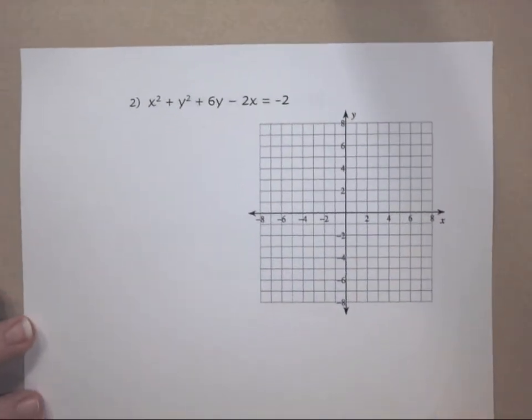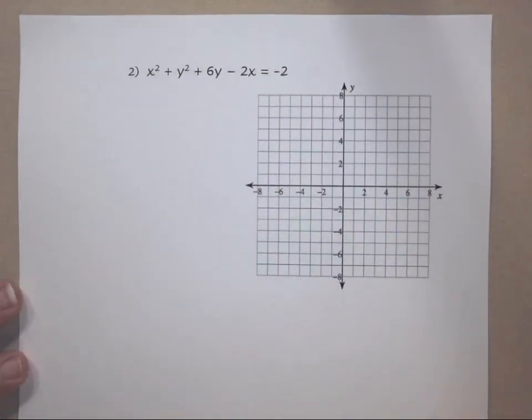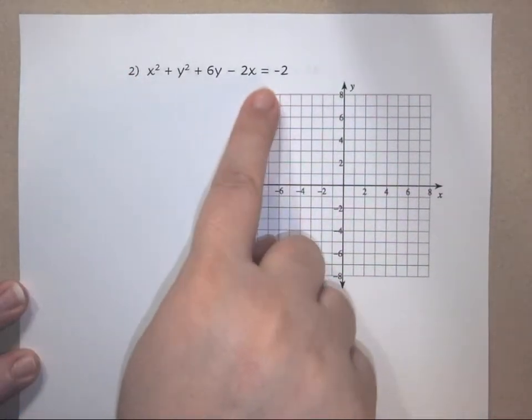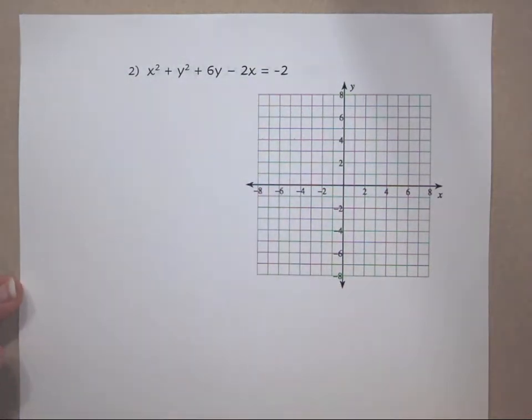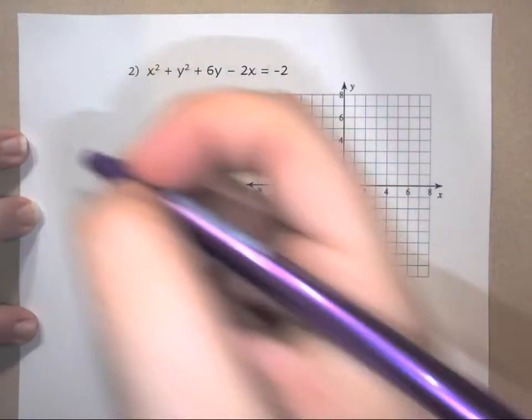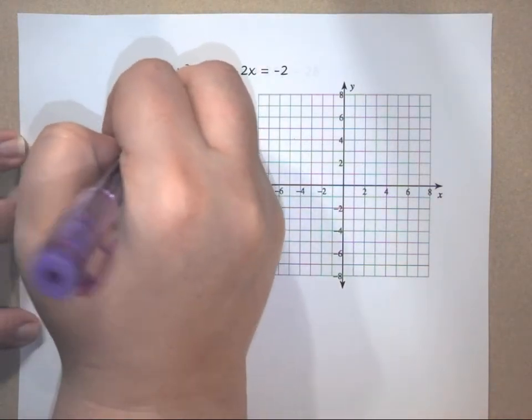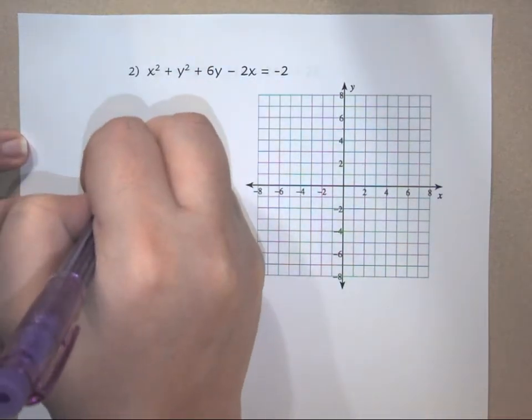Now what happens if I don't give you the equation? So notice here I want you to graph the circle, but I haven't given you standard form. Well, I have to create standard form. The way I create my standard form is by completing the square. So I have to find my center, and I have to find my radius.